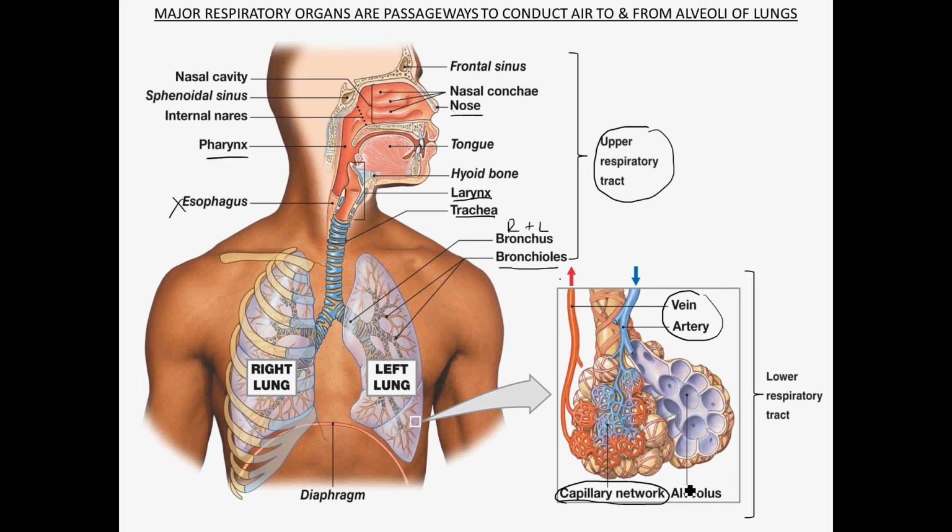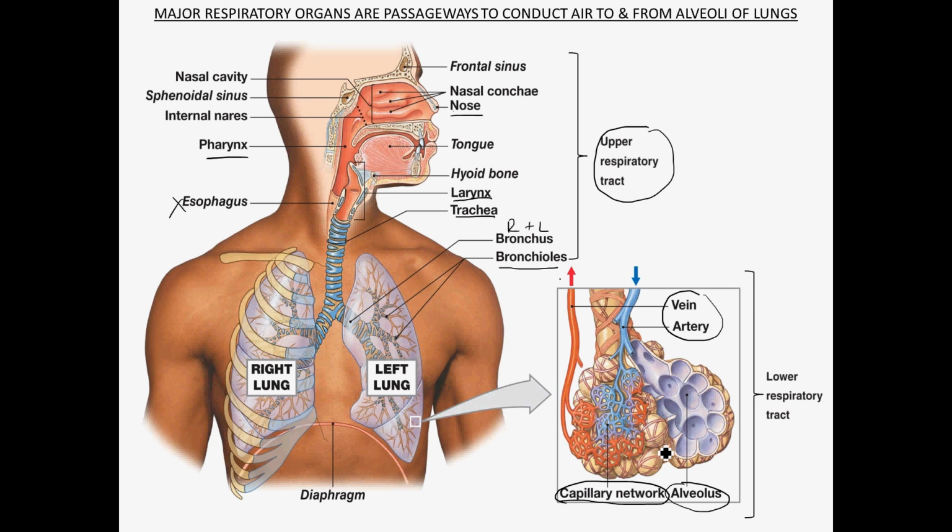These alveoli are the smallest functional units of the respiratory system. The alveoli are these small little sacs, blind-ended cul-de-sacs, that look like grapes on a stem. They have a membrane that lines them, and this membrane is extremely thin to allow that gas exchange.